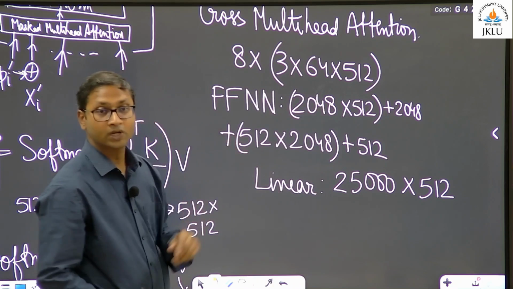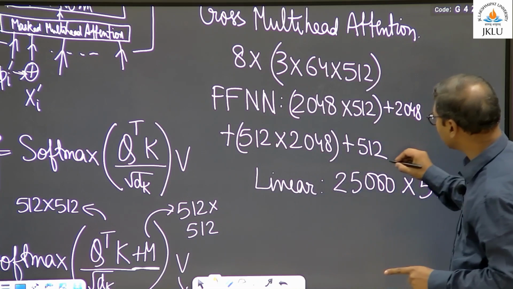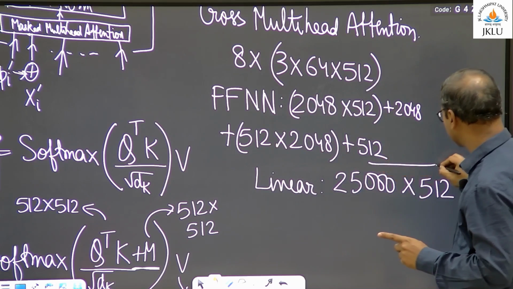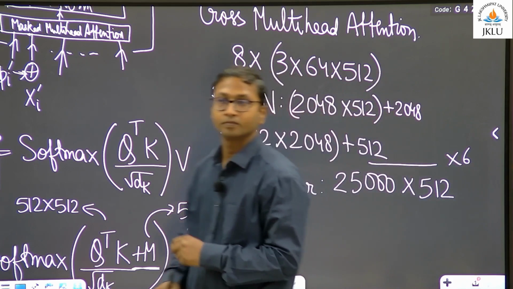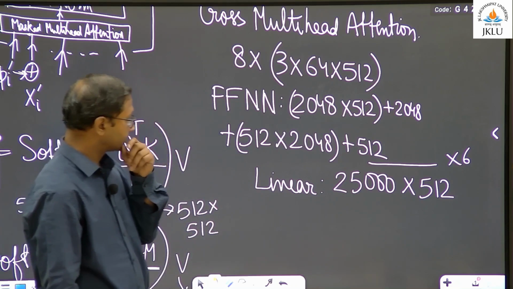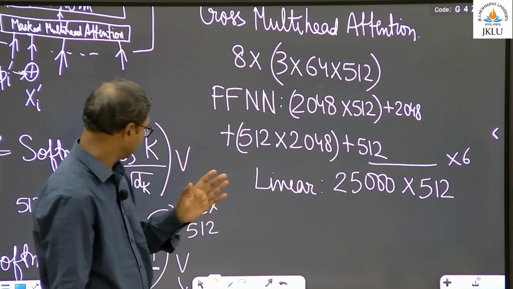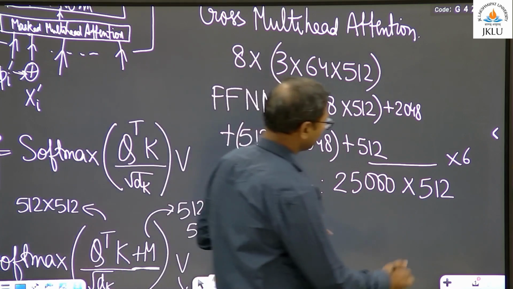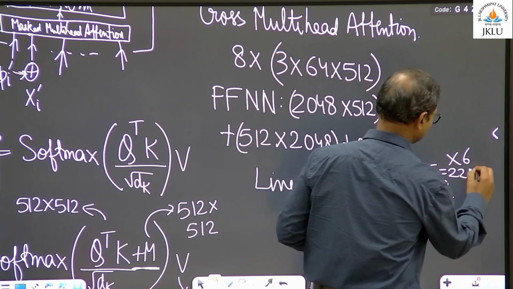Okay, give me the total number now. So, everything until here, whatever you have got until here, it should be multiplied with 6. What is that? 22 million. Okay. So, that gives me 22 million.